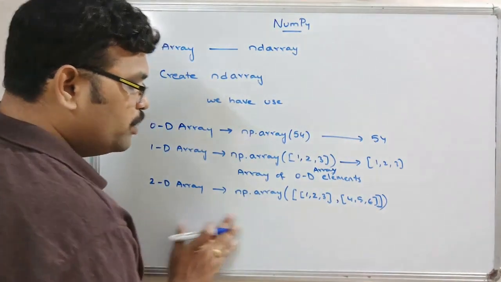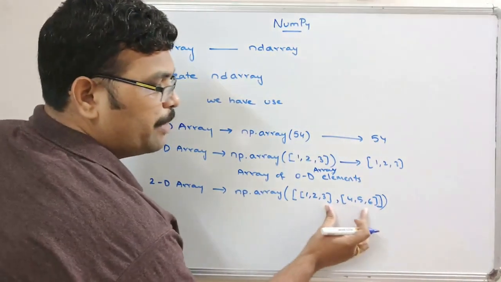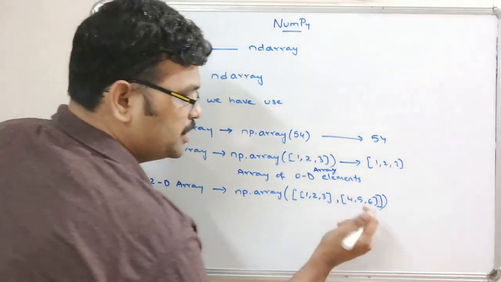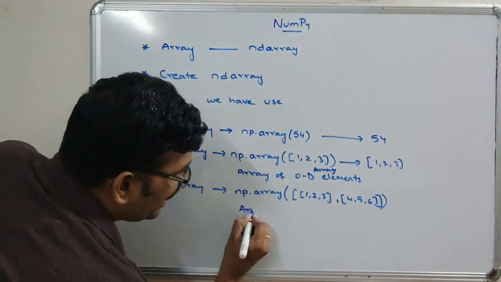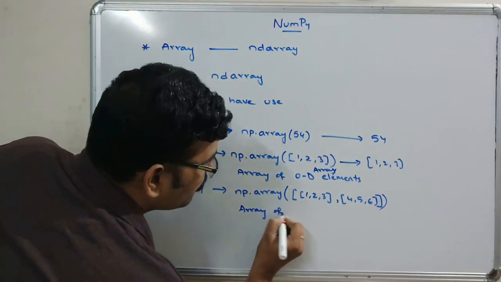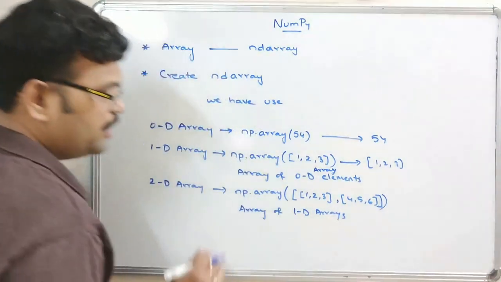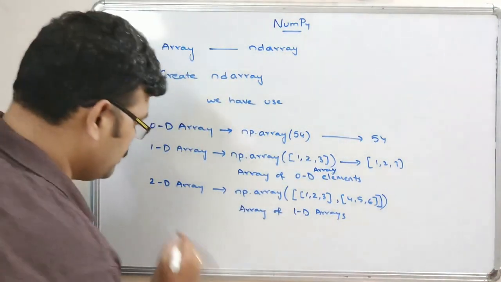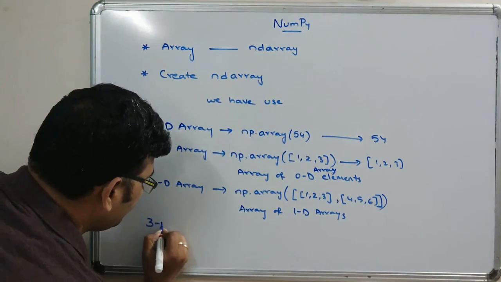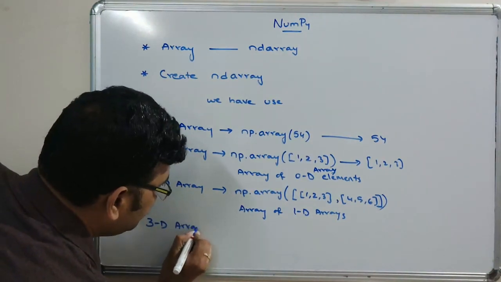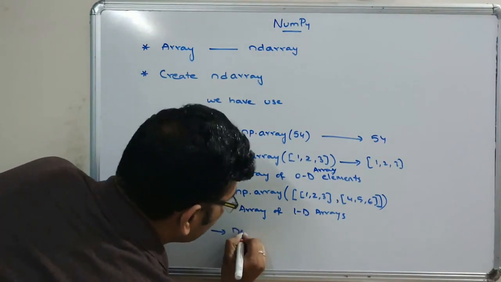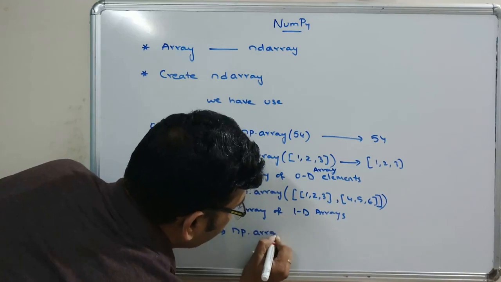So this is called a 2D array. Here we have 2 dimensions, so sublists. This we can say is an array of 1D arrays, right? Simply we can say an array of 1D arrays. Next, the 3-dimensional array. It is nothing but np.array.